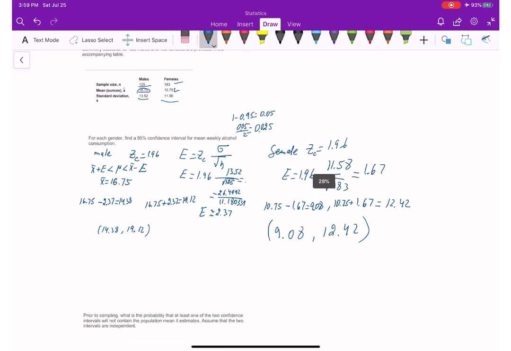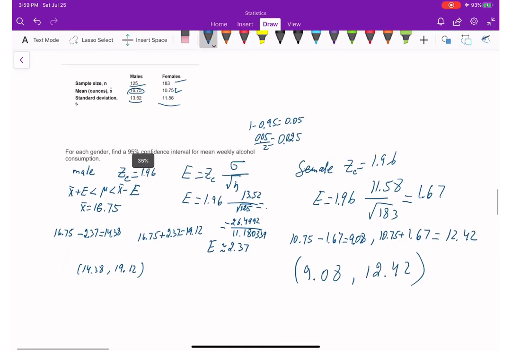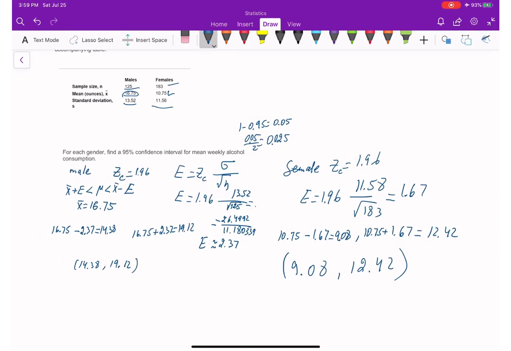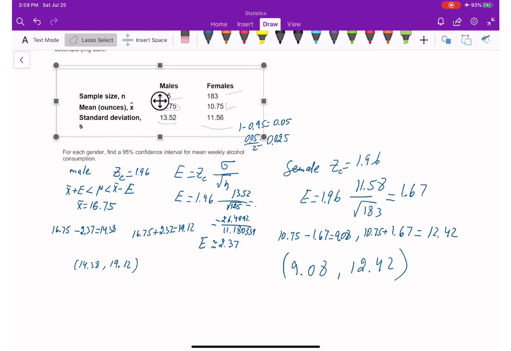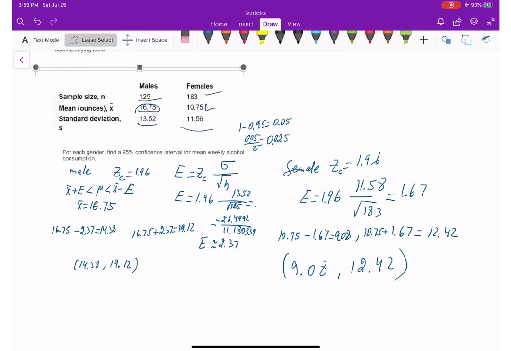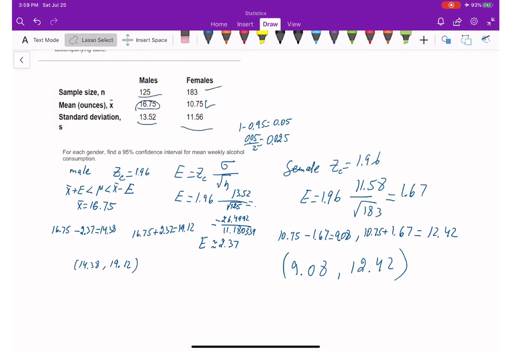Right? Here it is. So let me see if I can stretch it better so you can see better. Much better. All right.